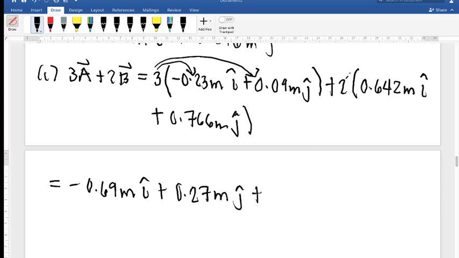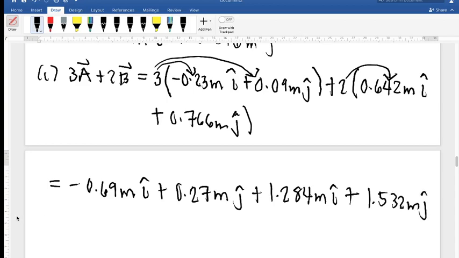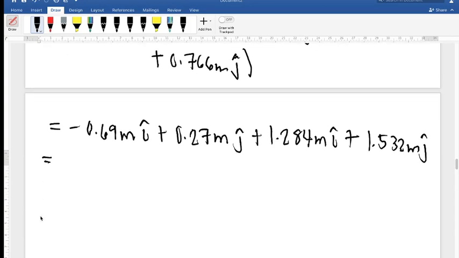Again, distribute the 2 to each term of your vector b. So 2 times 0.642. So that is 1.284 meter i hat plus, distribute the 2 to 0.766. So 2 times 0.766, that is 1.532 meter j hat.